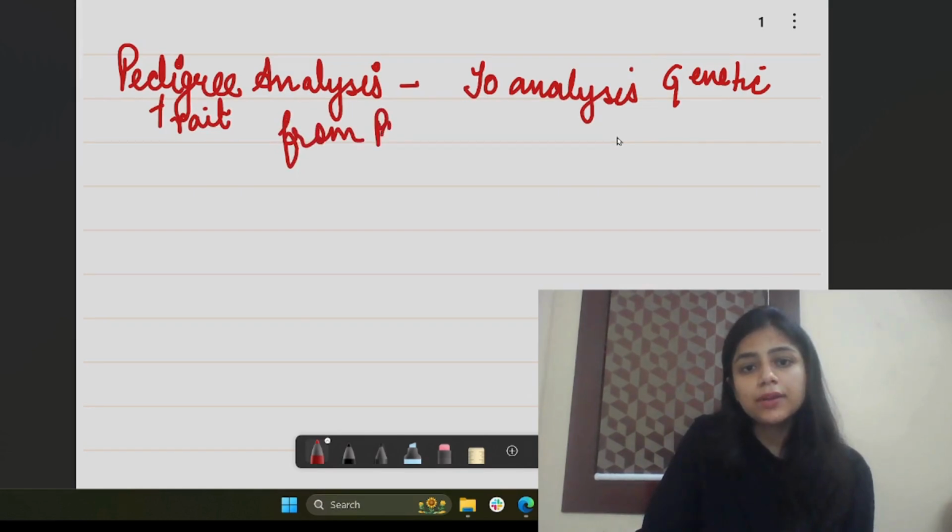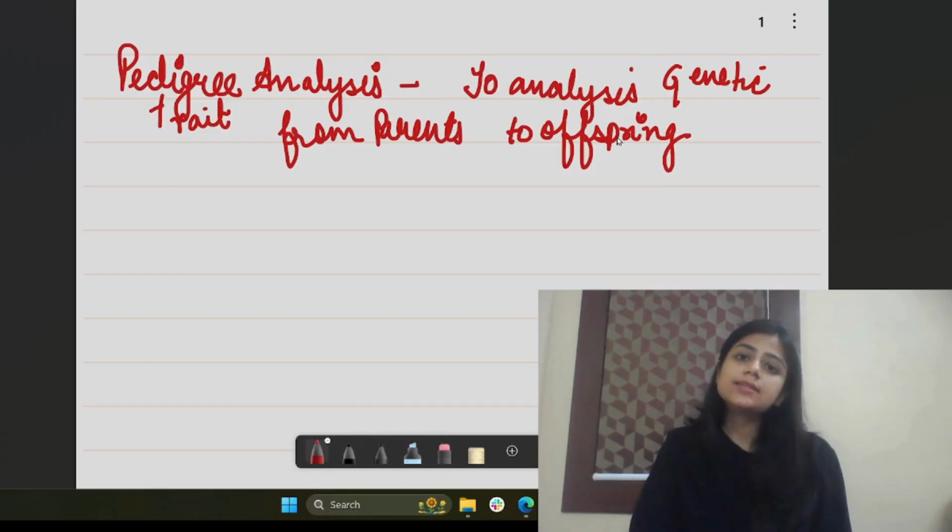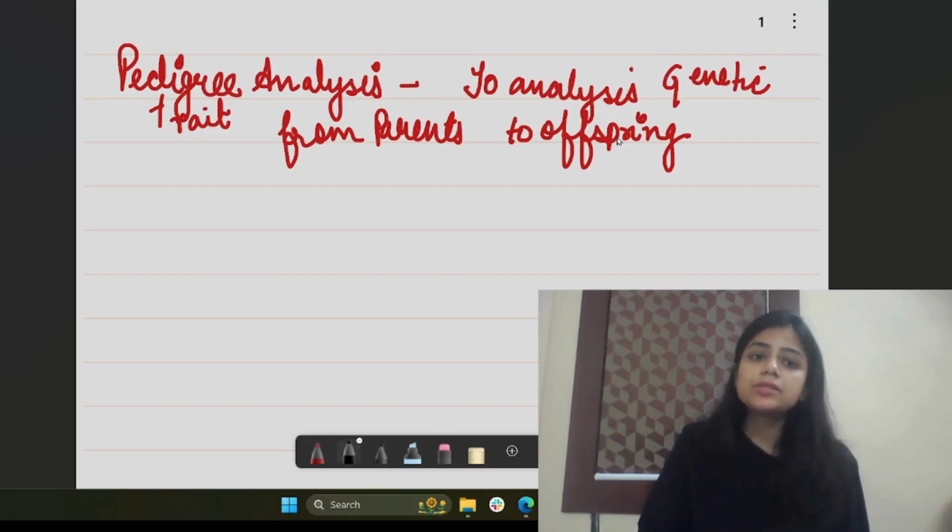Also, you need to know it works on the principles of Mendel. Mendel stated that a pair of chromosomes, one from the male parent and one from the female parent, are taken up in order to form an organism. That is what the principle of pedigree analysis works on.